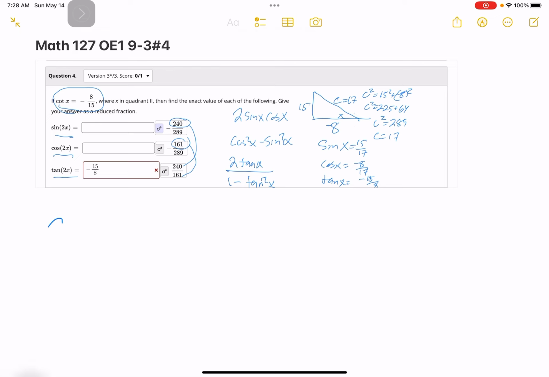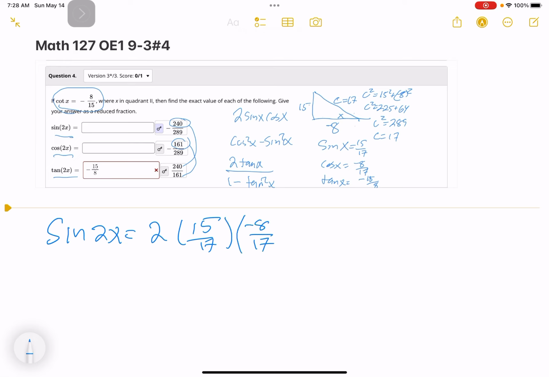So like I wrote, sine of 2x is going to be 2 times sine of x, so that's 15 over 17 times negative 8 over 17. So 2 times 15 is 30, times negative 8 is negative 240, over 17 times 17 is 289. That's what we have. Cosine of 2x is going to be cosine squared x minus sine squared x.